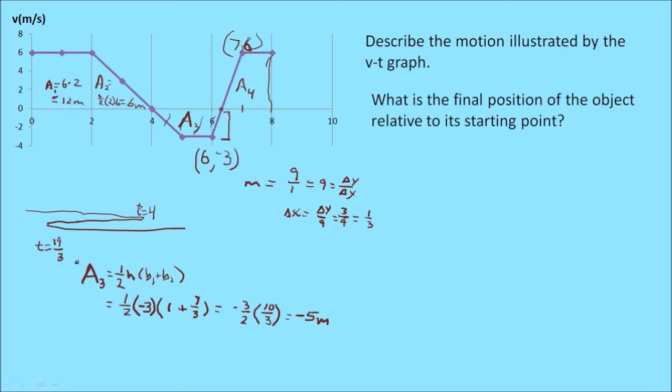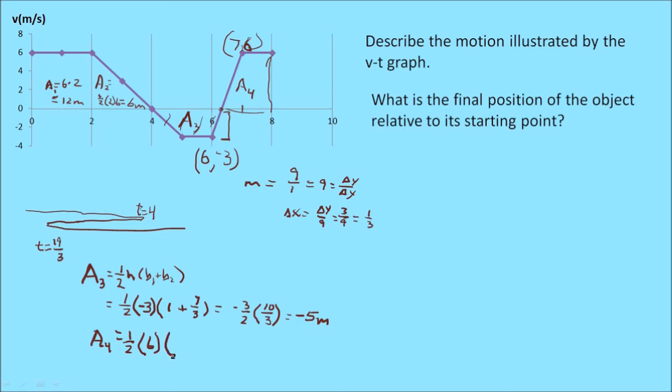And so let's figure out area 4. Area 4, well, that's a trapezoid also, right? 2 parallel sides here and up here. This is the height. 1/2 the height times the sum of the bases is 1/2. Height is 6.